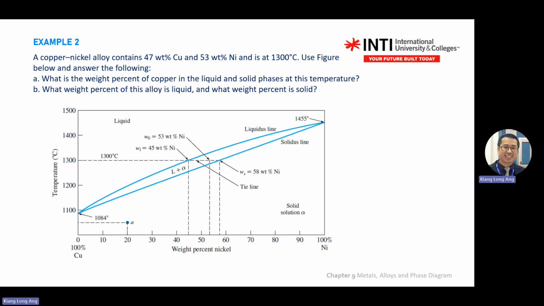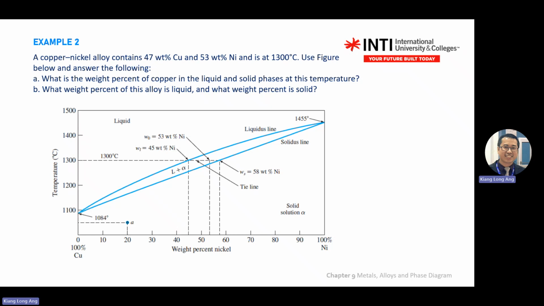So you look at the question, it gives you copper nickel, 47% copper, 53% nickel. My practice, I always go to nickel, reverse back, 53, then I draw X straight away. So at least I know what the question gave me.